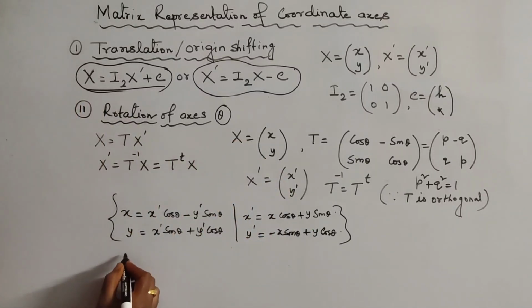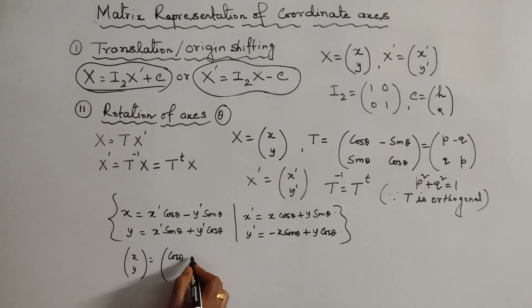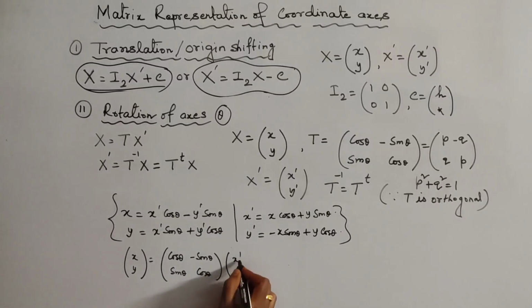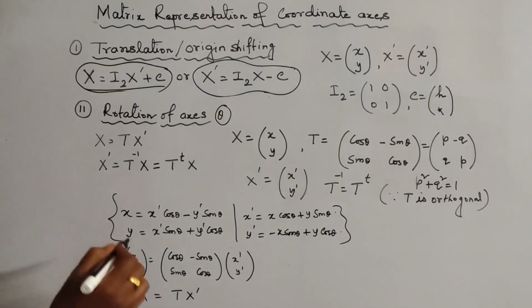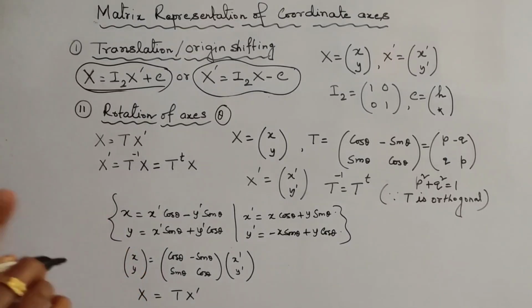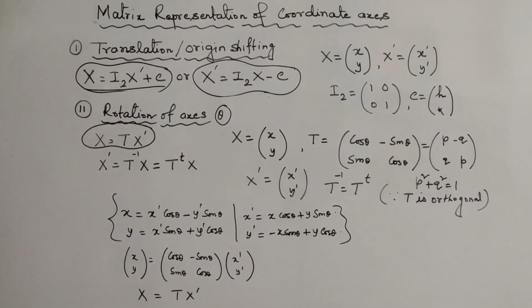Now this formula can be written as x y equal to the matrix cos theta, minus sin theta, sin theta, cos theta, times x dash y dash. We write this matrix as T. So the matrix form of rotation is this.